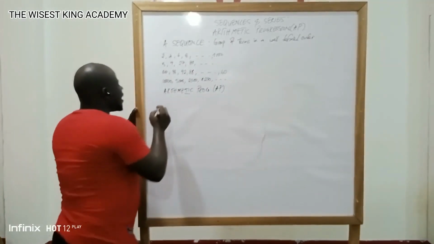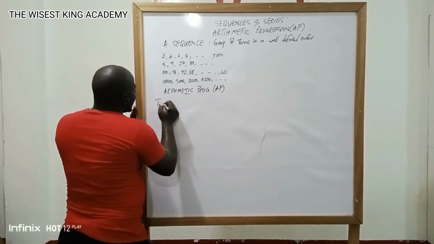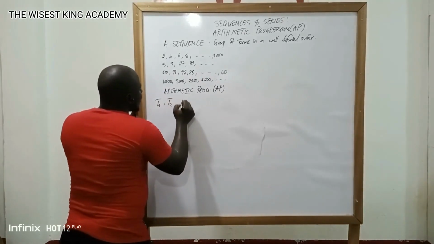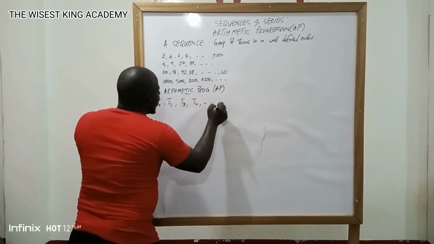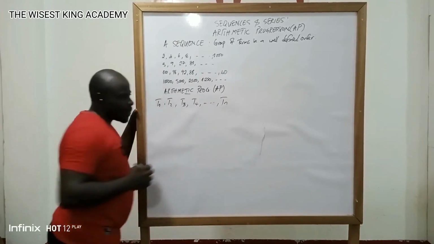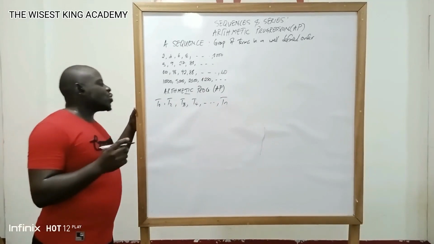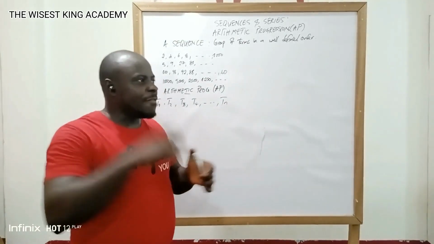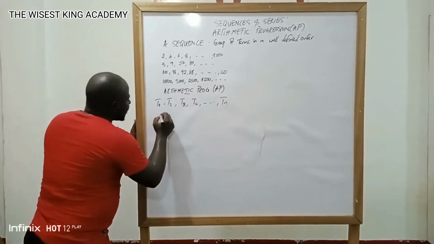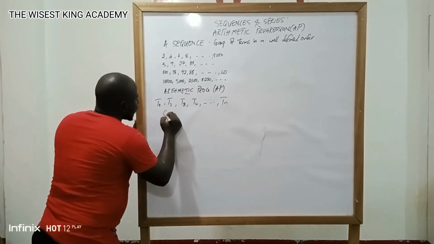Now, let's consider these terms to be the terms of an AP. T1, T2, T3, T4, right up to Tn. Now, we want to see here how we can calculate the nth term, the fifth term, the sixth term, the nth term.